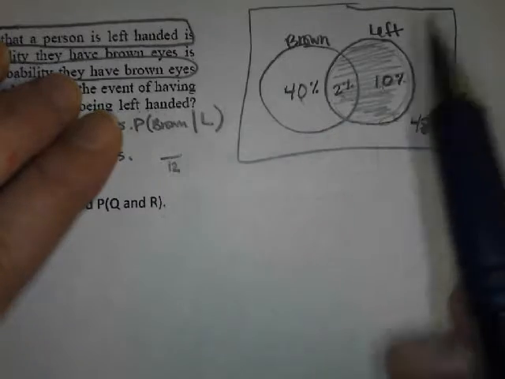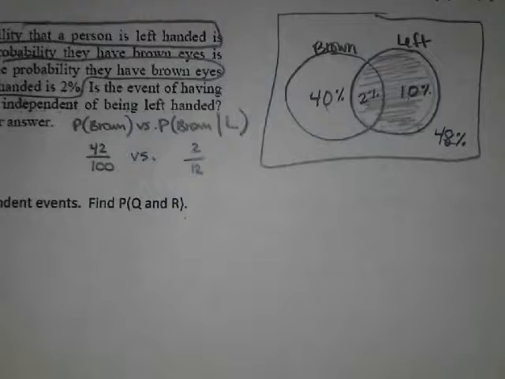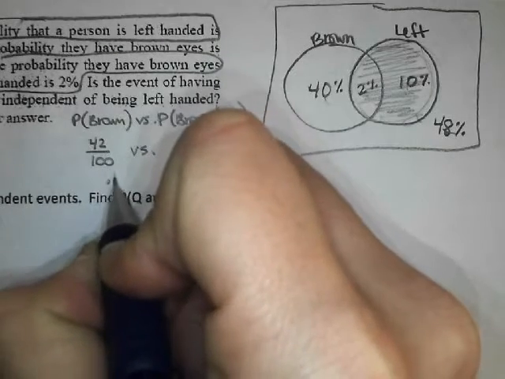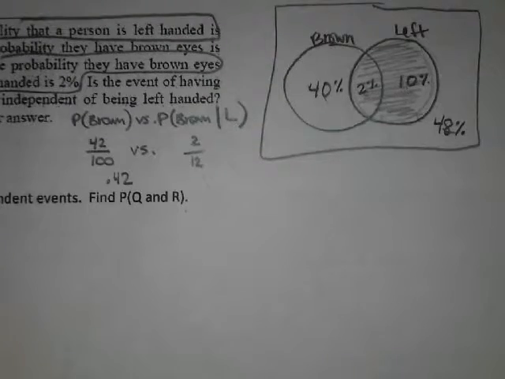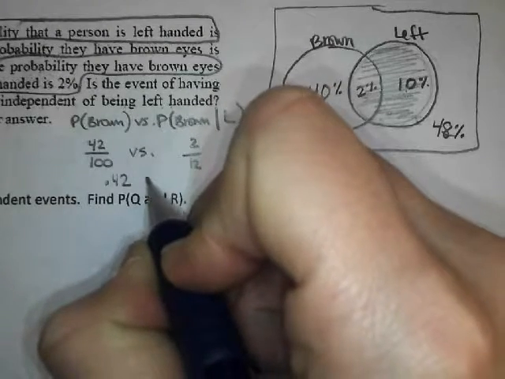And 2 out of the 12 have brown eyes. So 42 out of 100 is 0.42, and 2 out of 12 is 0.16. That's a big difference, right?